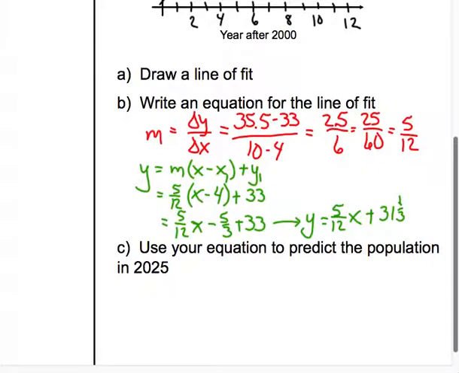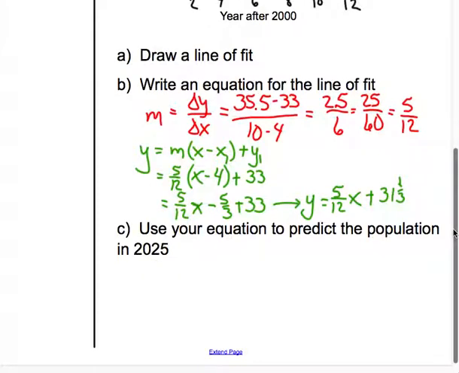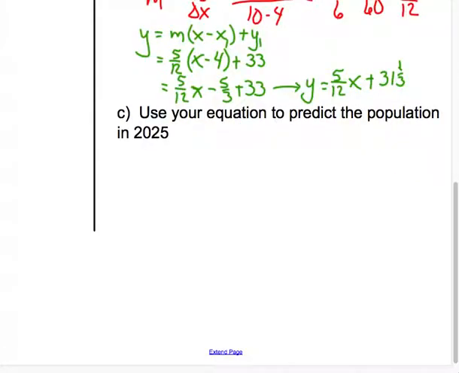And last, I'm using my equation to predict the population in 2025. So there's two things we need to remember. The year was our x-coordinate, and it represented years after 2000. So the first thing I need to do is subtract 2000 because my x value is 25, not 2025. So I substitute that in for x.